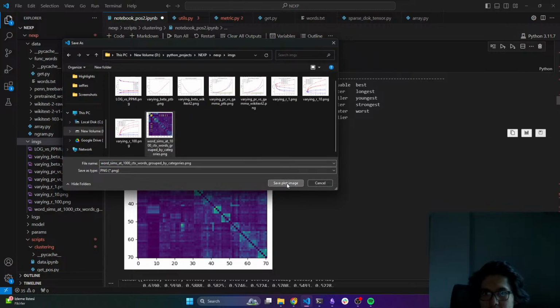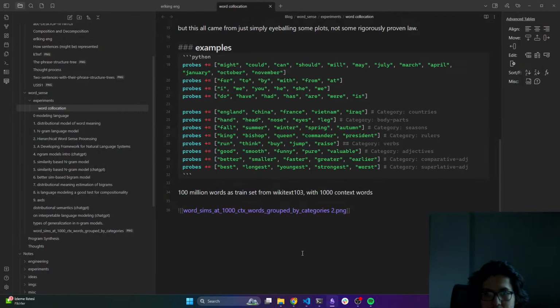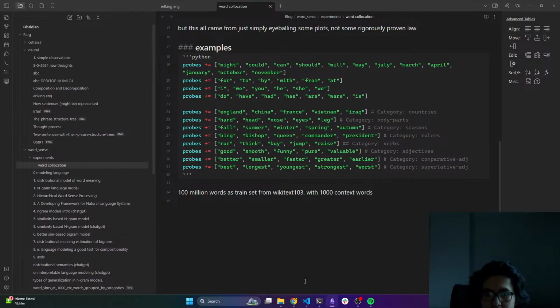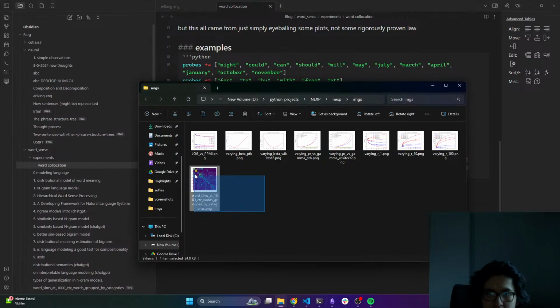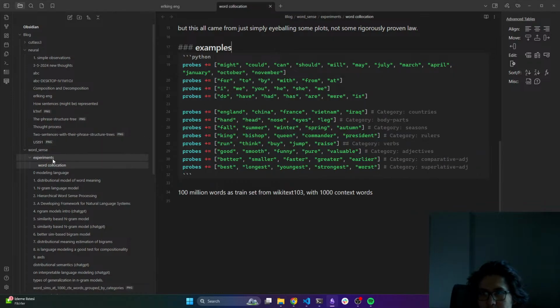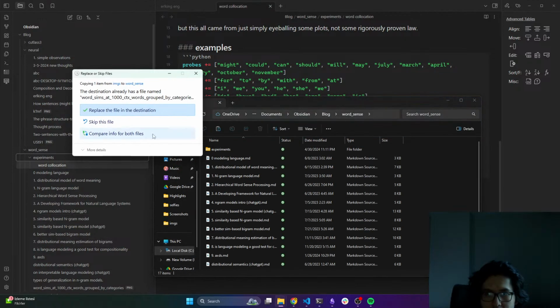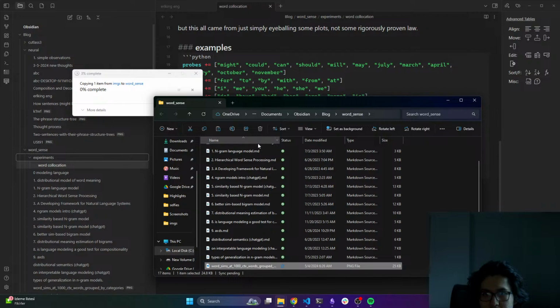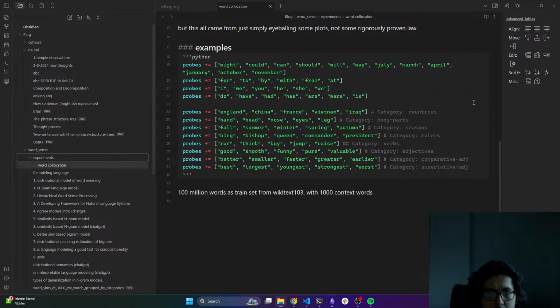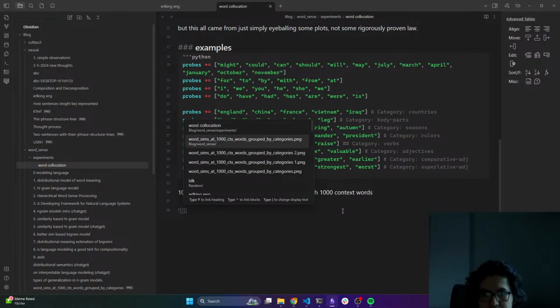Images. I want to replace this. Copy this to here. And then I have two of it.